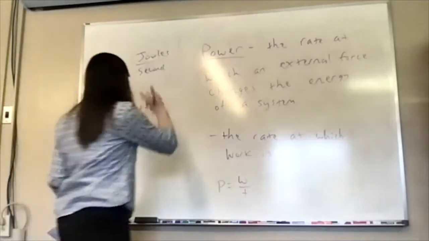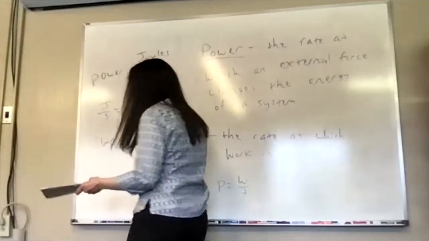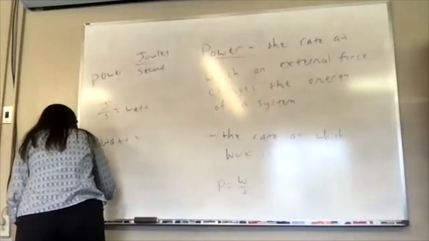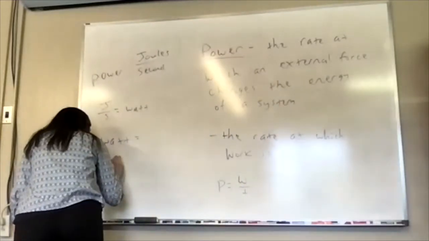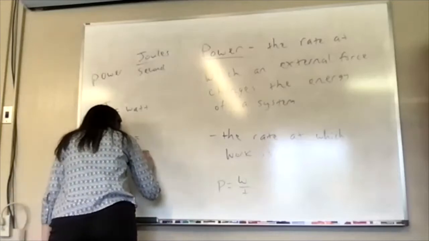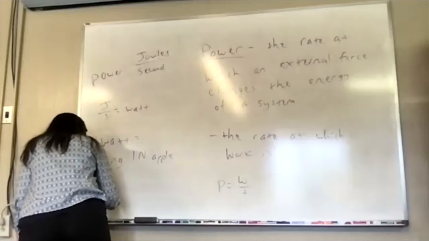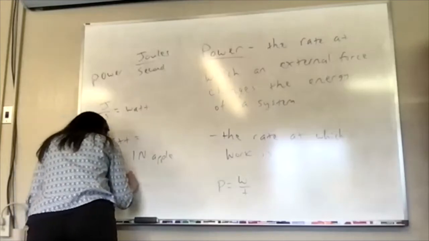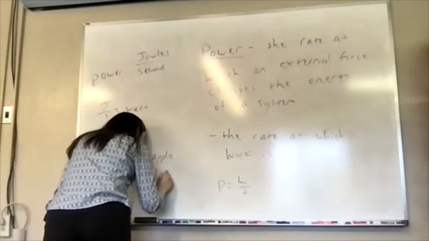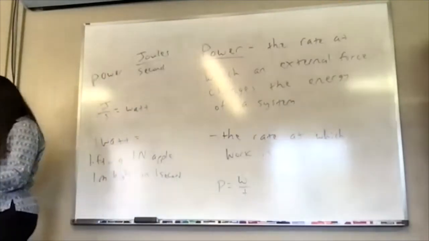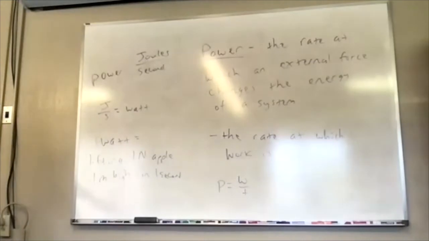And so if you lift up a newton of weight 1 meter high in 1 second, that's 1 watt. So 1 watt is equivalent to lifting a 1 newton apple 1 meter high in 1 second. It's not a lot of energy. That's easy to do.